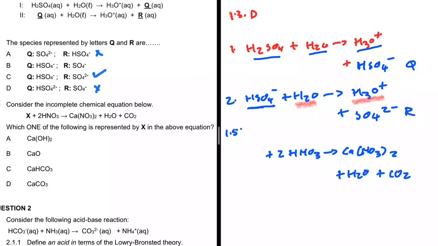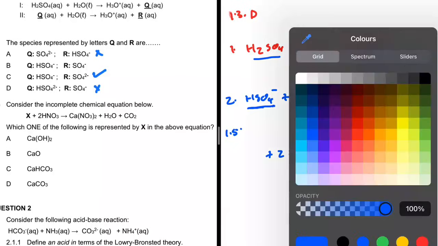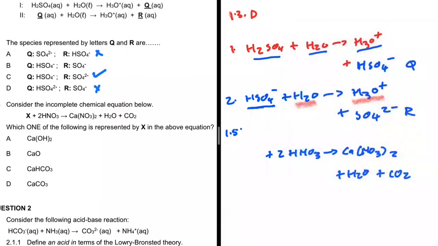I think this is quite easy. It is easier than it looks because we can just use brute force here. Let me show you what I'm talking about. The hydrogens: we have 2 hydrogens on the left, and on the right, we have 2 hydrogens. Okay, all is well there.